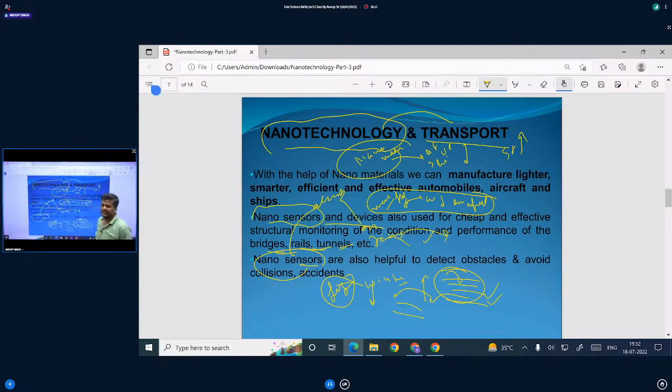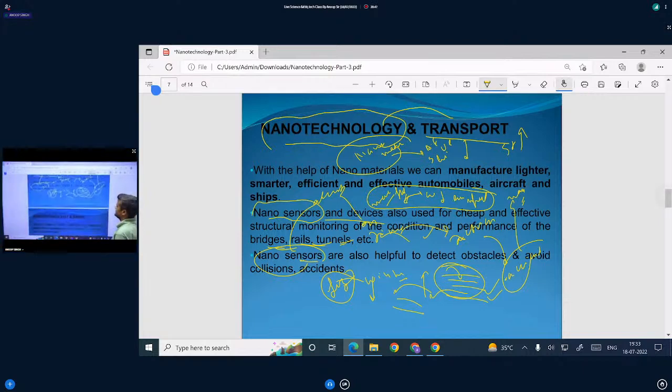If the driver gets the alert message on time, then he can take the necessary action on time, and this will help to reduce accidents and save many lives. So nano sensors are helpful in these areas also. Got it? It is an important thing.